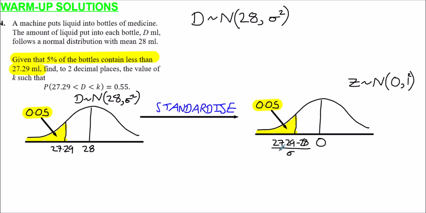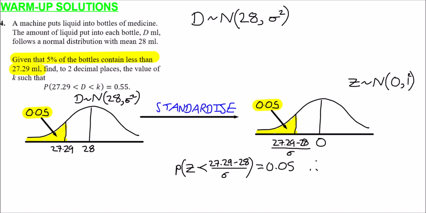And so we can now use the inverse normal in a moment. So I can say here that the probability of the standard normal curve being less than 27.29 minus 28 over sigma, I require that to be 0.05.